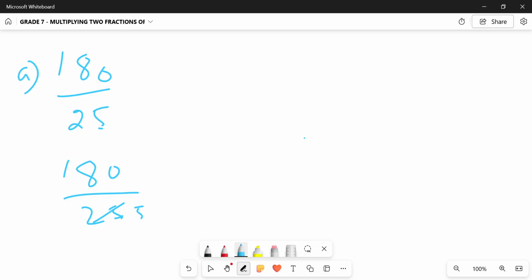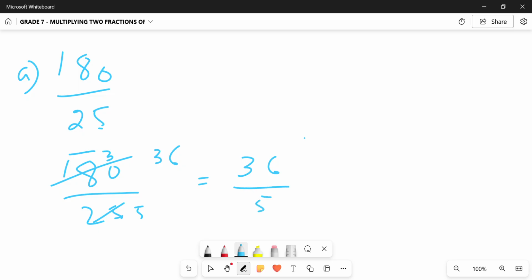And it is divisible by 5. 5 5s are 25. 5 3s are 15. 16, 17, 18. 3 carry to the next digit. Before it was 0, now it's 30. And 5 6s are 30. So the simplest form is 36 over 5.